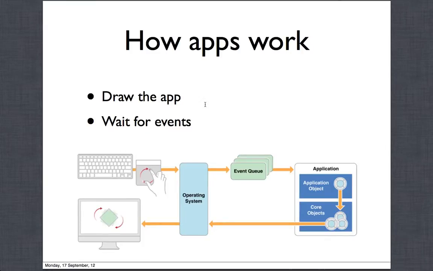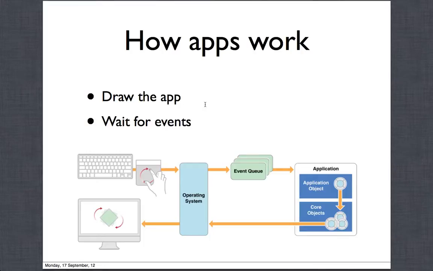You have to remember the idea of how applications work on this operating system. When you run an application, it draws the application on the screen. It puts all the elements that there are, and then it waits for events. And events, most of the time, are events issued by the user.